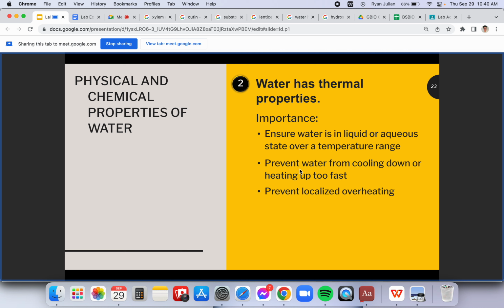Second, it prevents water from cooling down or heating up too fast. So there's a balance between the cooling process and the heating process of the water. And lastly, it prevents localized overheating that I mentioned a while ago, or the excessive phenomenon wherein the water becomes heated so much in the process of overheating.